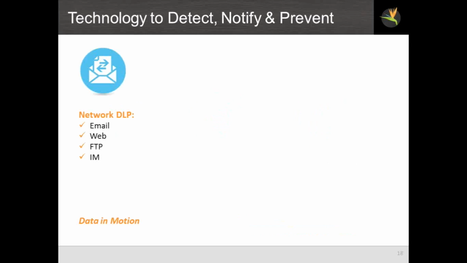So specifically, the different DLP modules, what are they seeking to address? Network DLP addresses data in motion on the network. This is largely concerned with email, web, FTP, or instant messaging, and possibly other unencrypted protocols that we can detect on the wire.